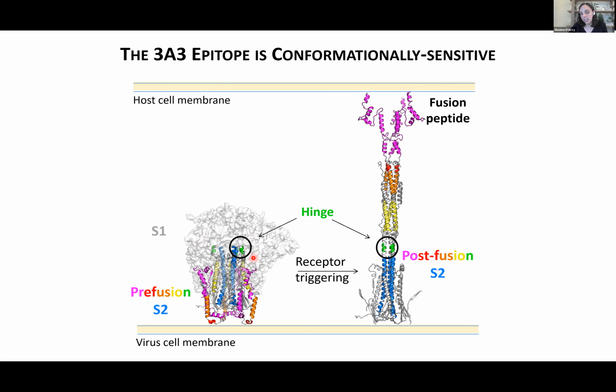Here, that would lead to an exposure of our epitope in this prefusion, as it's described, conformation, which would otherwise subsequently undergo this conformational change. This would be our epitope here, which would now no longer be recognized by our antibody. So we really have identified a potential epitope here that can be used for a pan-coronavirus therapy.